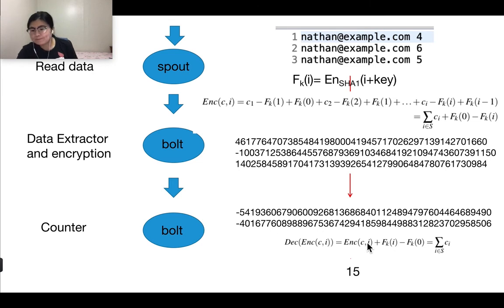So these three nodes: the spout reads data, the first bolt extracts the tuples and encrypts them, and the counter bolt counts the encrypted ciphertext, and we get an encrypted result.